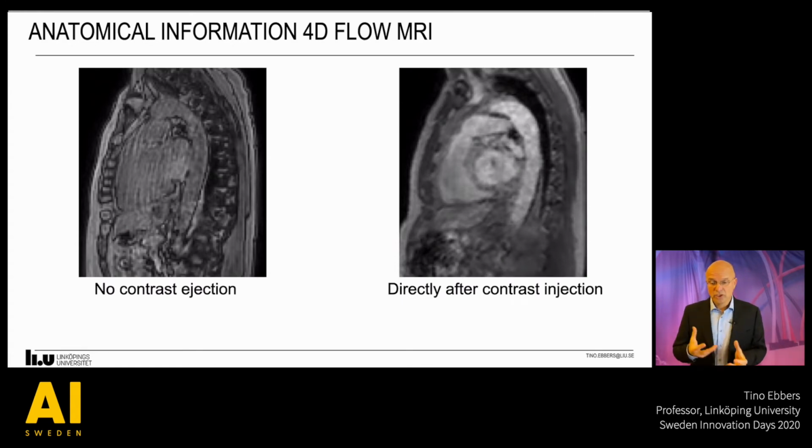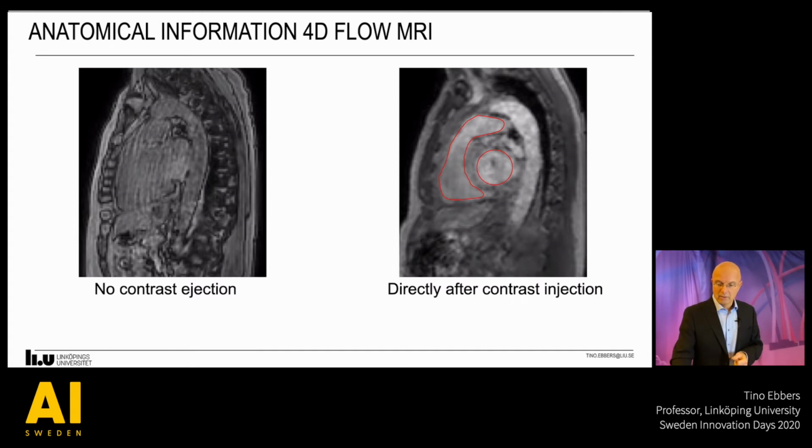What you can do is inject again a contrast agent just before this. Then you get a better contrast. So here you can suddenly recognize the left ventricle and the right ventricle, the different parts of the heart, which is helpful.